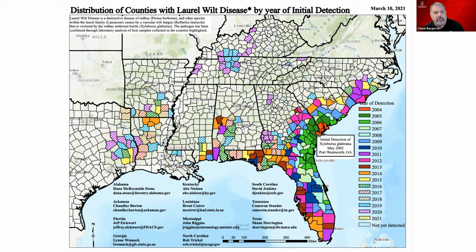It mainly attacks red bay trees, but it attacks other things within the Lauraceae family, and it also will impact avocados. And so there's a big concern with the avocados in both South Florida, and this spreading to Mexico and having impact there.